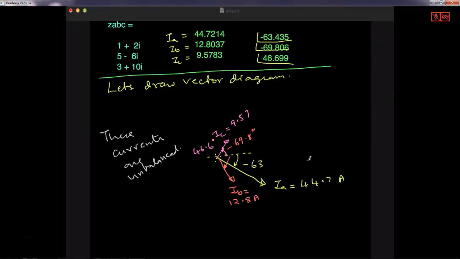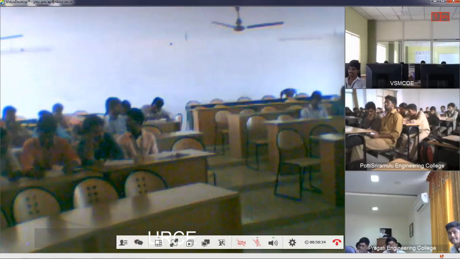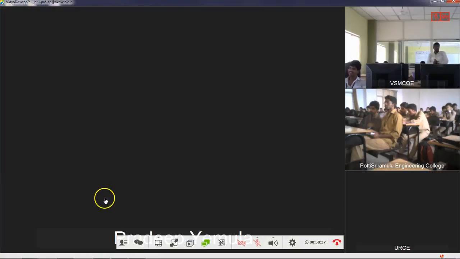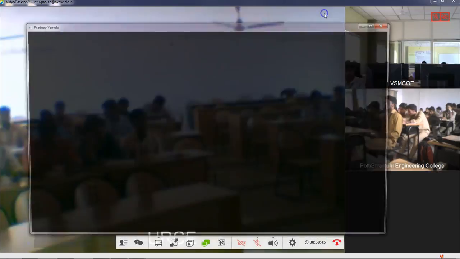Now we can ask the question, what is the neutral current? So neutral current is nothing but IAN plus IBN plus ICN. So actually this N will not be there, IA plus IB plus IC. So this is very easy to find. So just go back to the MATLAB code. So here IN equal to sum of IABC.